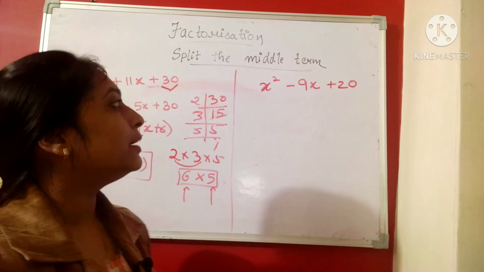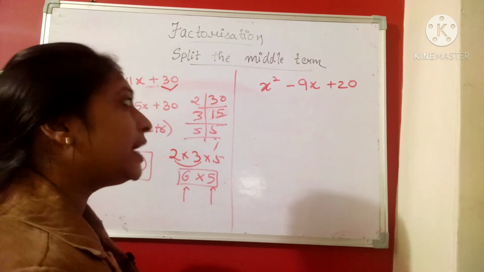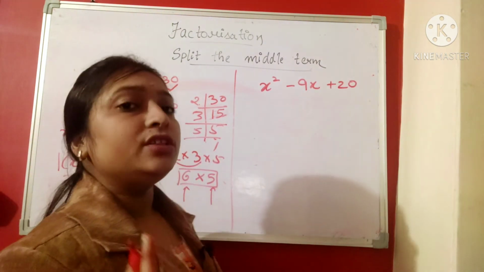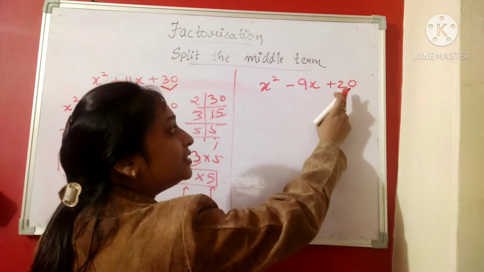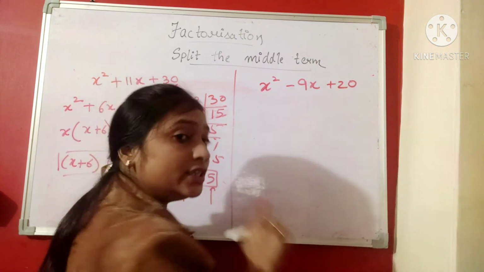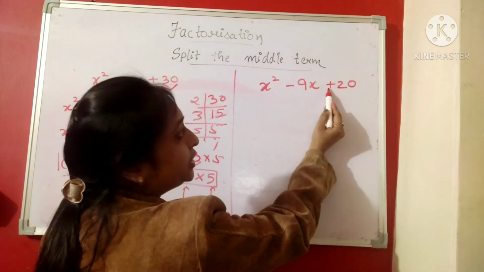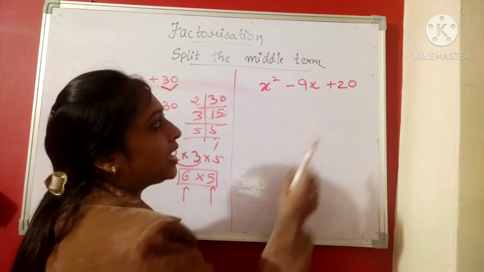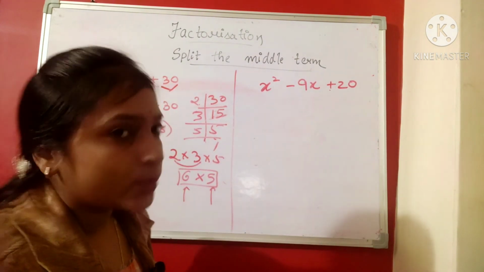Now here also we will apply the splitting method, as identities cannot be used here. Now 20. Find out the factors of 20. Addition plus sign is there, that means the addition should be minus 9 and its product should be 20.